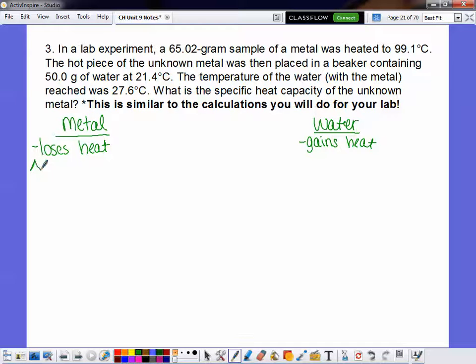Its delta T, it's ending at the 27.6 degrees Celsius. And it's starting at what? What temperature does the metal have initially?